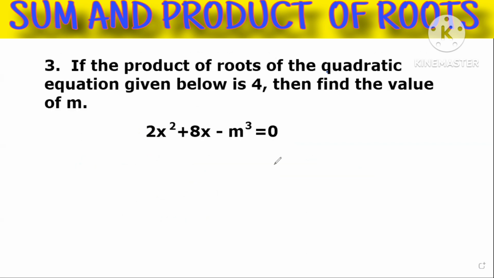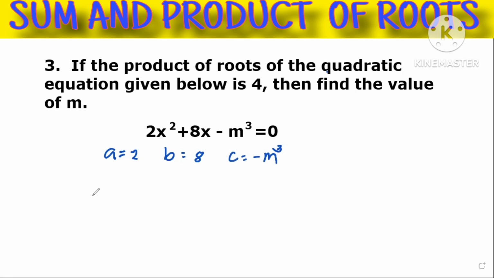Number 3, if the product of roots of the quadratic equation given below is 4, then find the value of M. So since our quadratic equation is already in standard form, let us take the values of A, B, and C. So our A is equal to 2, B is equal to 8, and C is equal to negative M cubed.